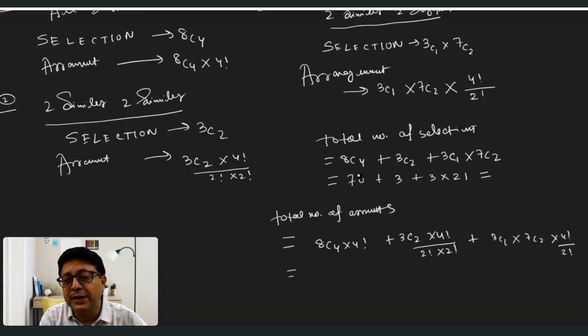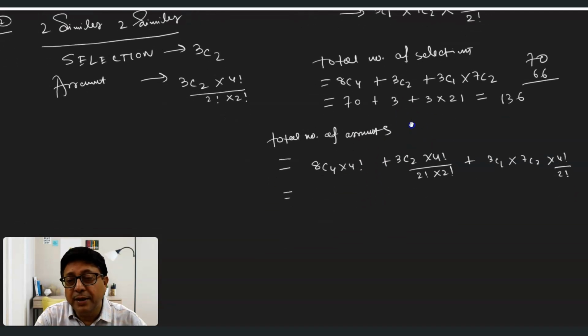So number of selections is 63 plus 3, that is 66, and 70. So this is going to be 136. Then number of arrangements how many? This is 70 into 24.